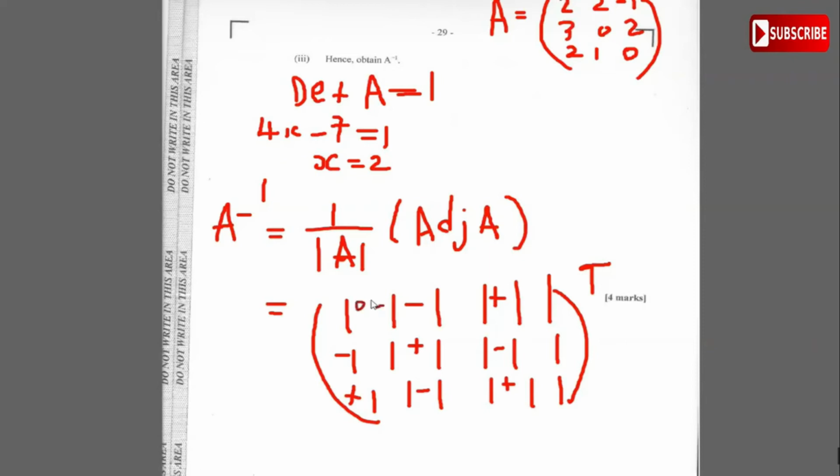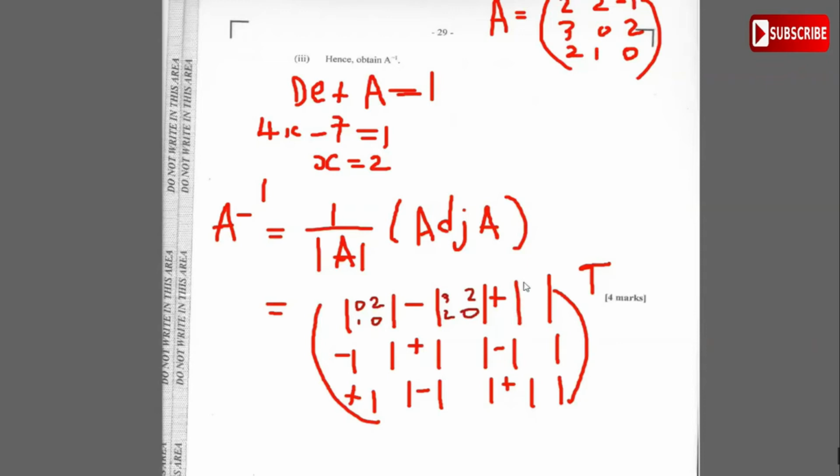The cofactor of this element will be 3, 2, 2, 0. Then the cofactor of this element will be cross here, that will be 3, 0, 2, 1.